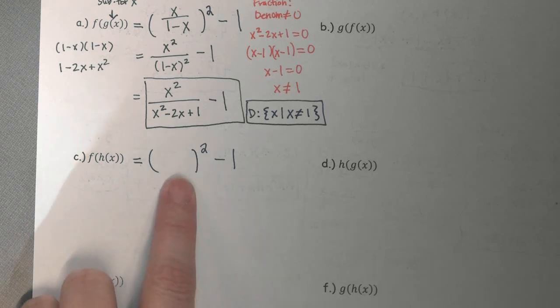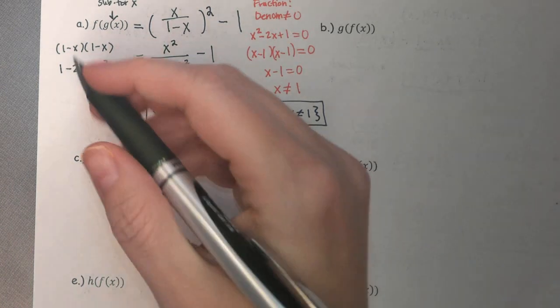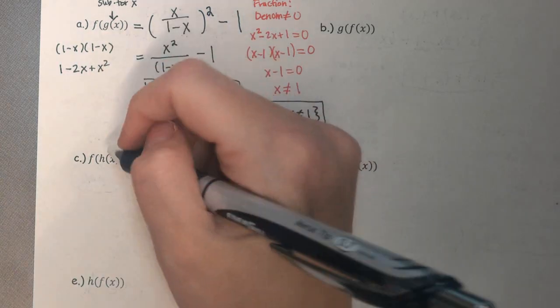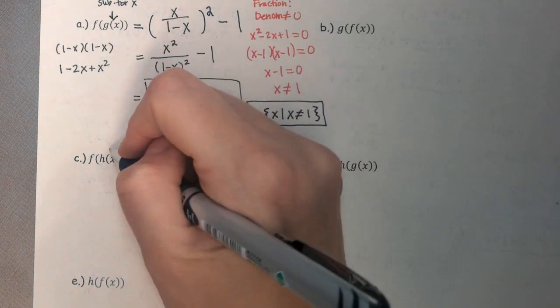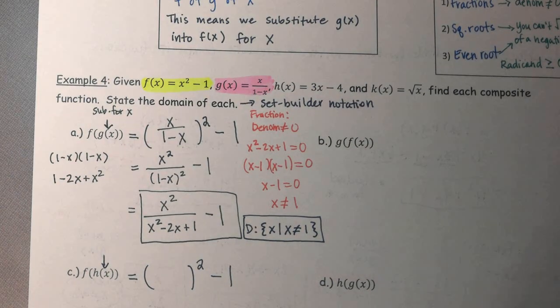Okay, so then, Joey, what did you put on the inside there? This time it's h of x, right? So what is h of x? Yep, so h of x is, and maybe we should highlight this here.